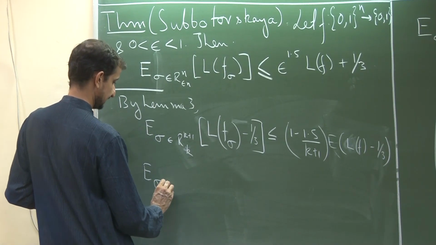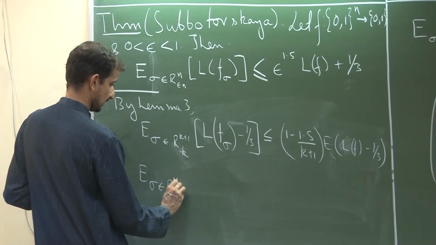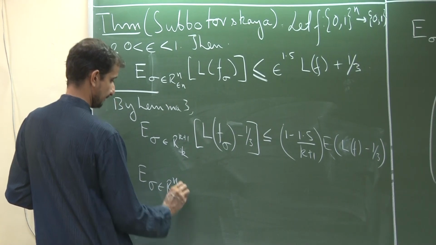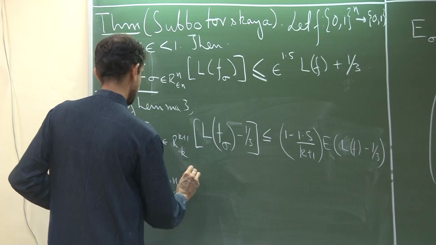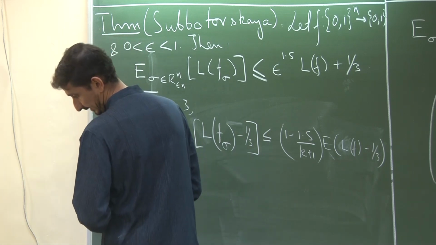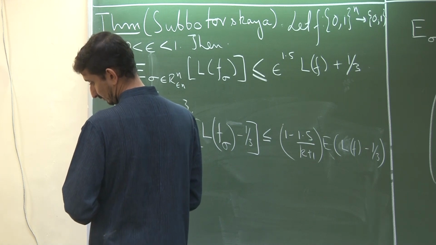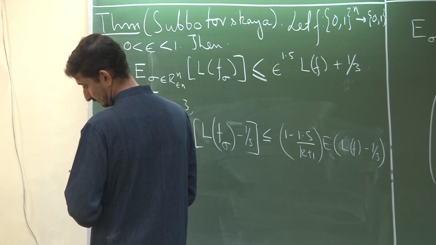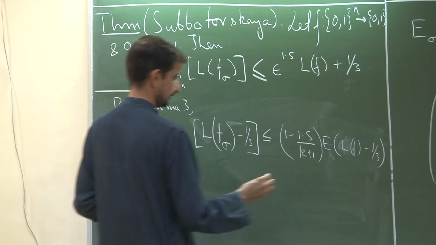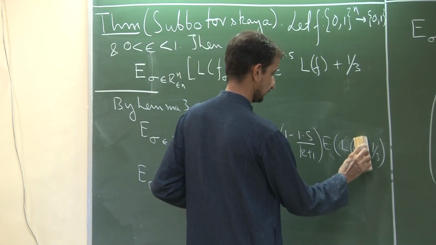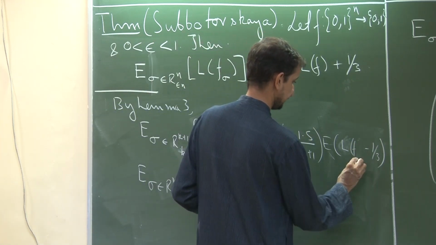expectation sigma r n epsilon n is, in fact, let me just, this should not be f over here, this should be f k plus 1.